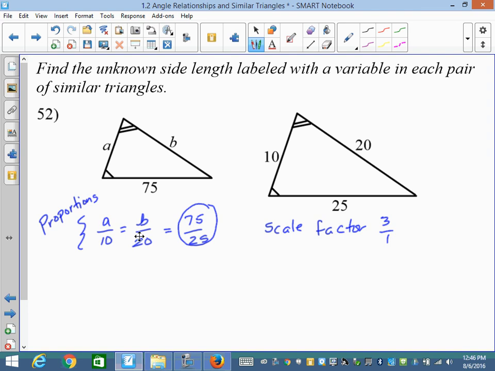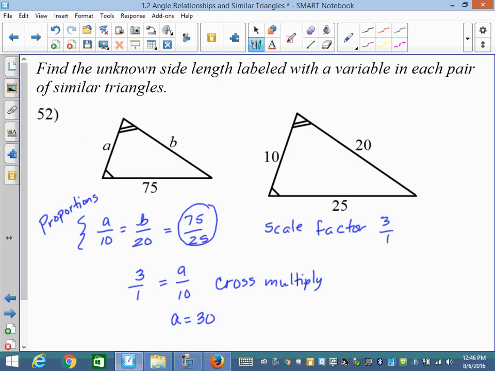So we can actually calculate the other two now. If I have a 3 to 1 scale, then it's going to be 3 over 1 equals A over 10. Cross multiply, and we get A equals 30.